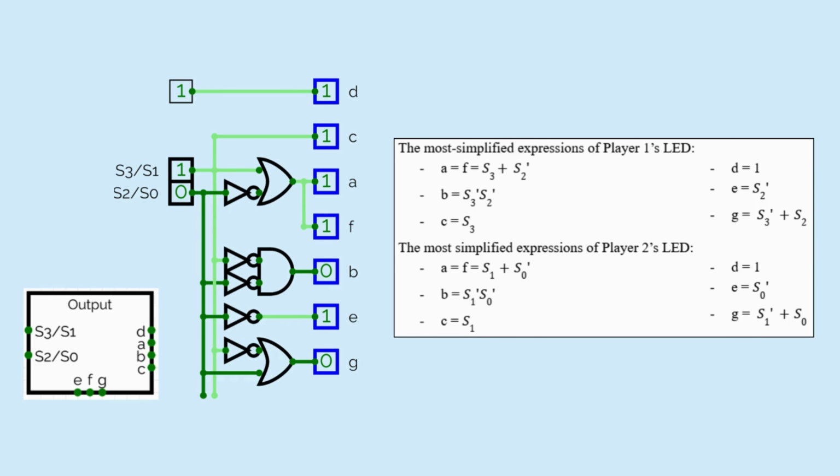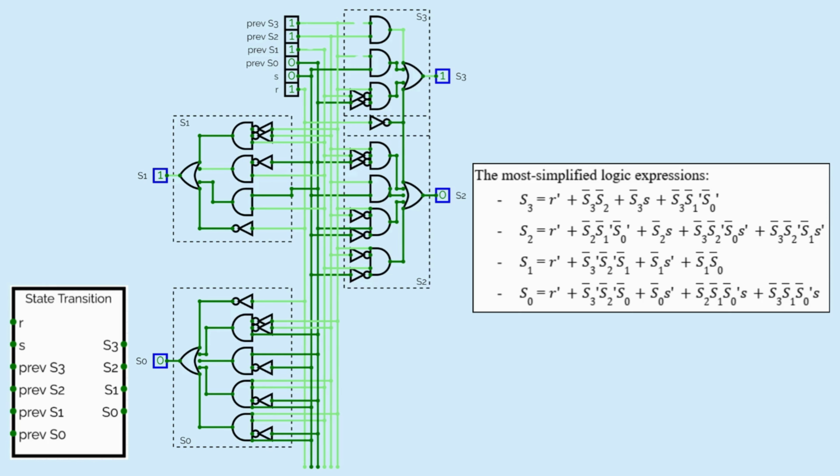Secondly, let's discuss the gate-level circuit design for state transition by concluding with the most simplified expression from the 6-input K-map. This expression will help create the circuit for state transition.